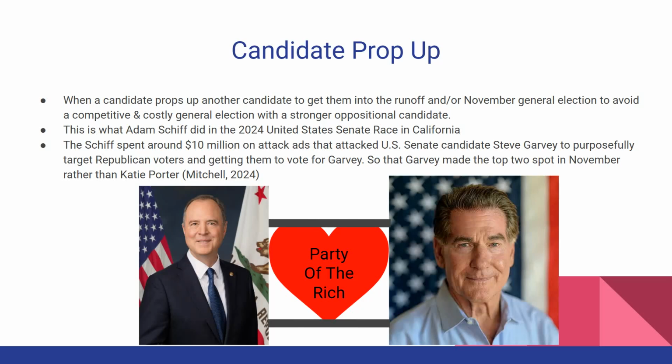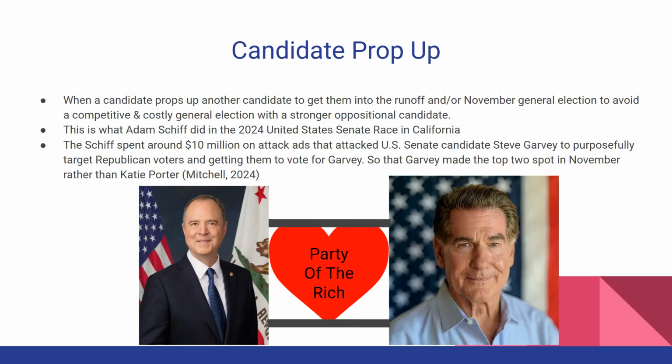Adam Schiff knew that he would defeat a Republican candidate more easily than another Democrat, which ultimately meant that competition was reduced in top 2 primaries, because, like it or not, this top 2 favors the wealthy and the establishment elite.